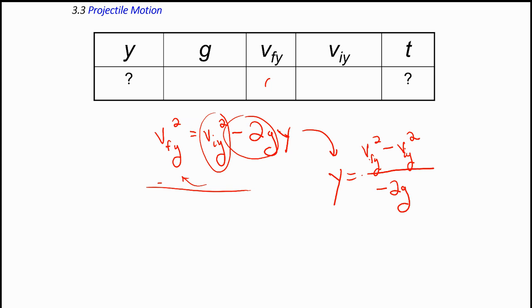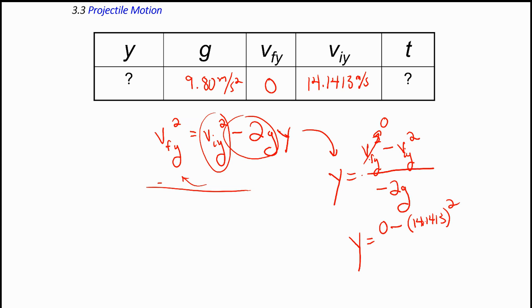Now my VFY was 0, so this part's just going to become 0. My VIY was that 14.1413 meters per second, so I'll plug that in there. My G is 9.8 meters per second squared. Plug that in there. So to find Y, it's actually going to be 0 minus this 14.1413 squared.